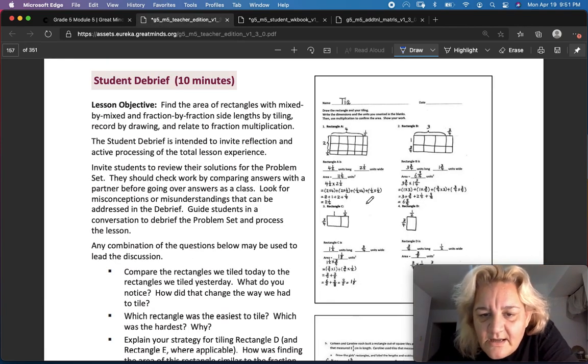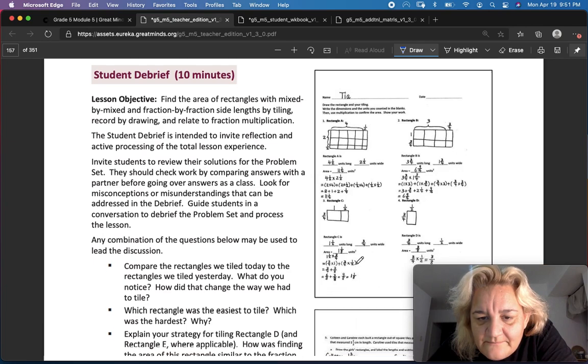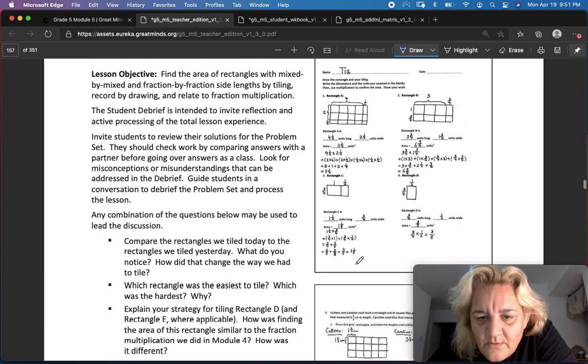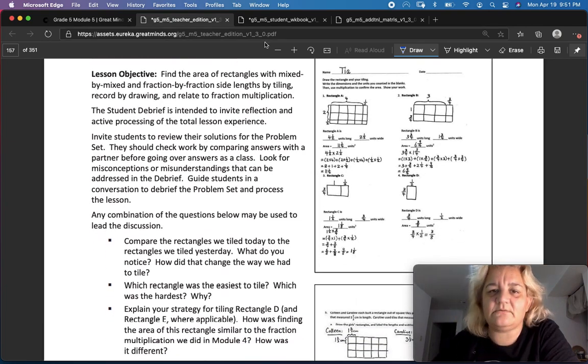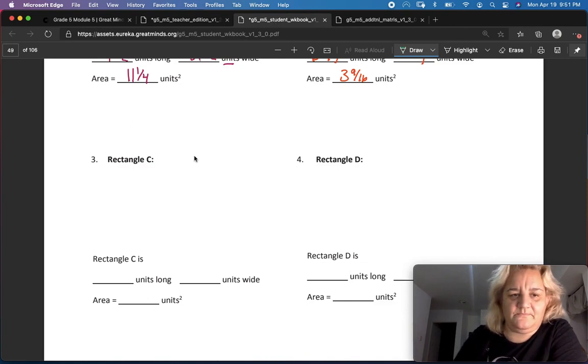Triangle C is 1 1/2 times 3/4. Okay, 1 1/2 times 3/4. So here we've got a mixed fraction and just a fraction.